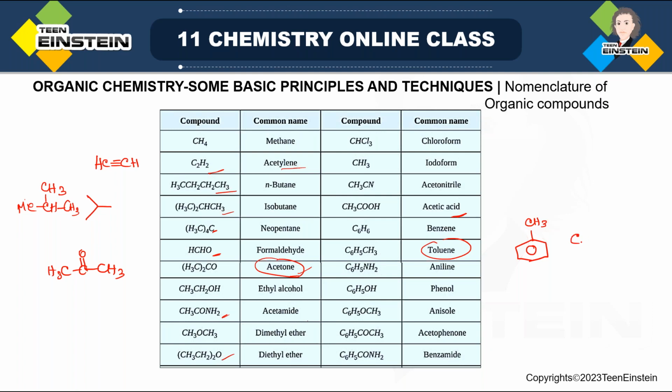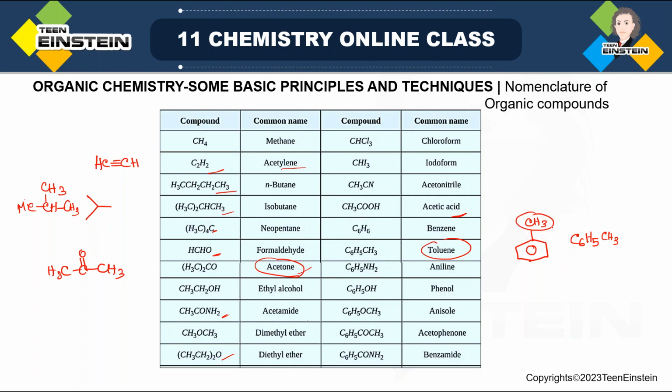For benzene it is C6H6, but as we have replaced one hydrogen with a methyl group, now it is C6H5, and in place of the other hydrogen, we have CH3. So for this particular molecule, we have the common name toluene.